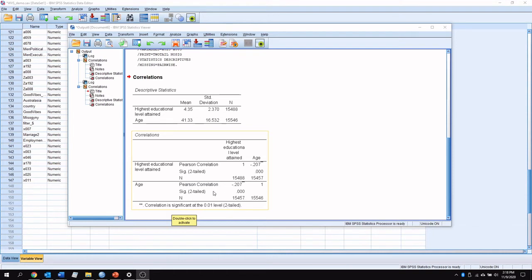And so we can see that both in the significance column and down here in the bottom row as well. And we're also going to pay attention to this negative sign. So this means that these variables run opposite to each other. So as one goes up, the other one goes down.